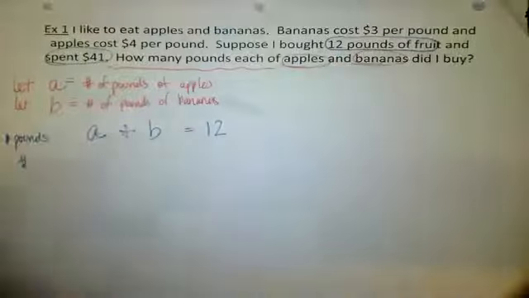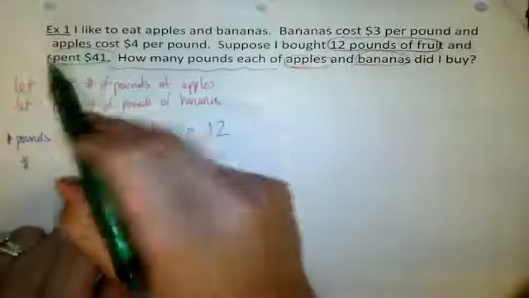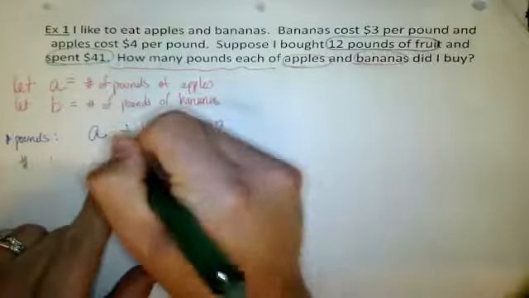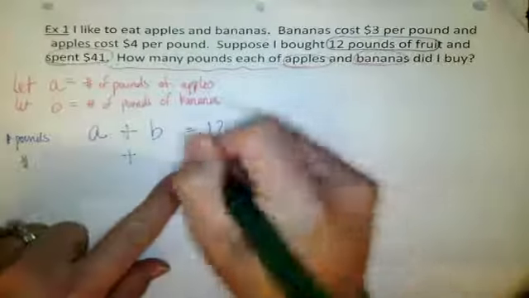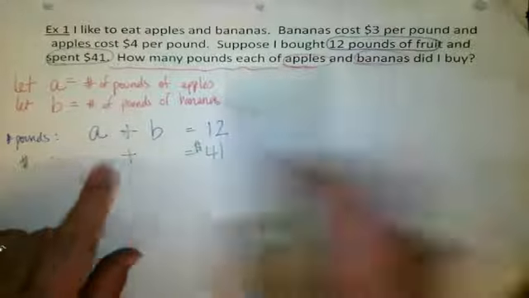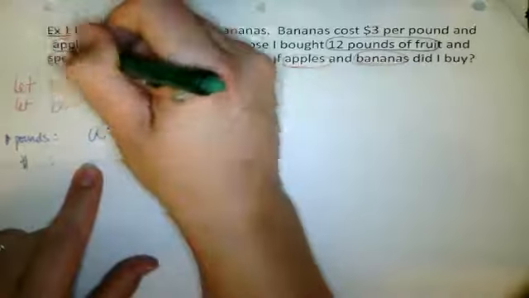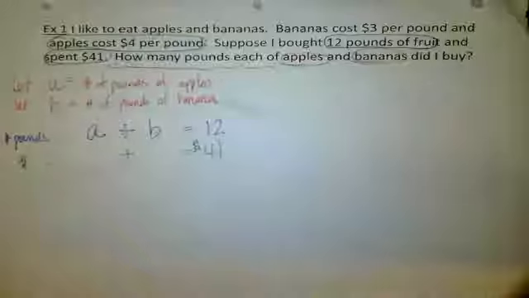All right. Now let's talk about money, because when it boils down to money, I spent a total of $41. Something plus something gives me $41. Now let's talk about the apples. Apples cost $4 for every single pound. If I bought 1 pound, how much money did I spend? $4.